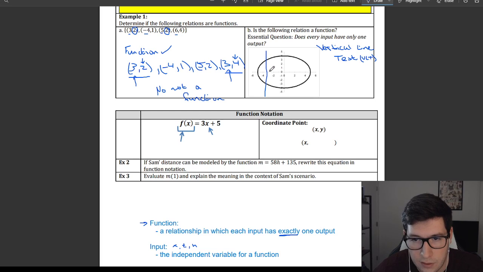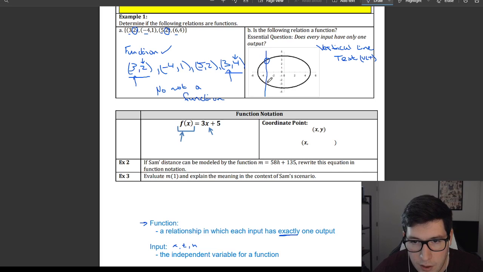In this case, it's right on -3, a little bit to the left of it. But this is representing the entirety of -3 as an input. And as we talked about, that input should only have one output.